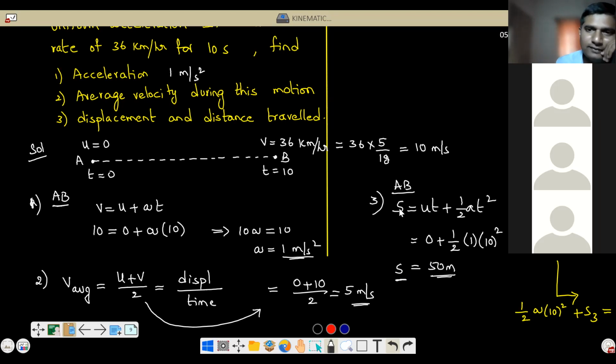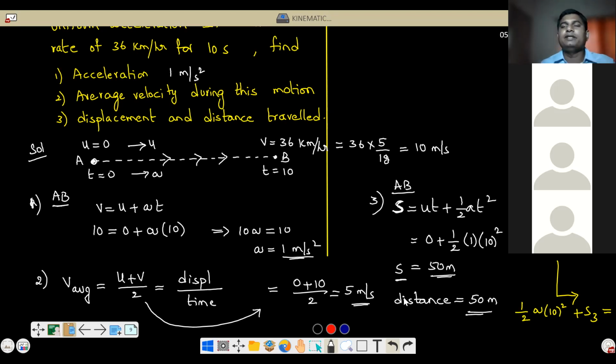Displacement, sir. Correct. Whenever we use this equation and get the value of S, that is always displacement. It can also be called distance provided the body doesn't take any U-turn. Is there any possibility that the body can take a U-turn? No, sir. Why? Because velocity is this side, acceleration is also this side. So the body won't take a U-turn. Therefore displacement is 50 meters and distance is also 50 meters.